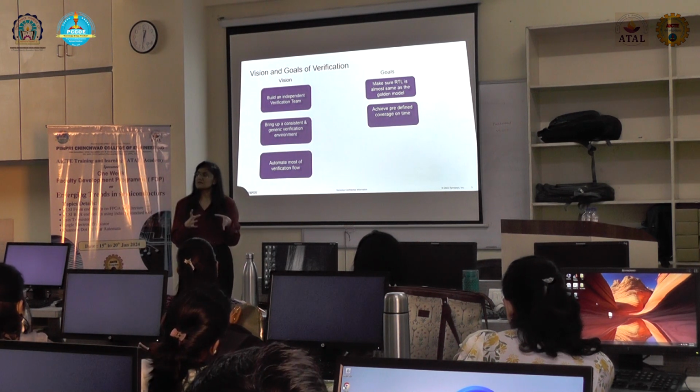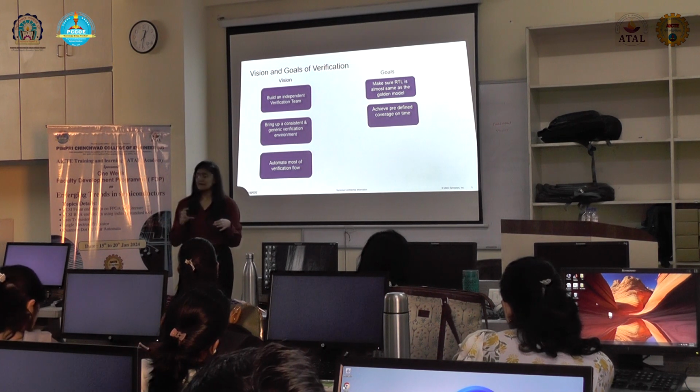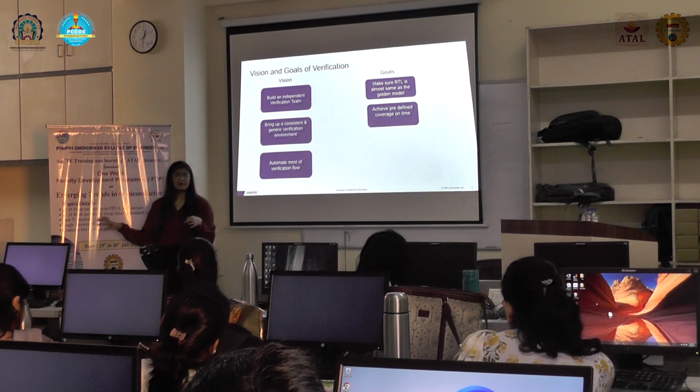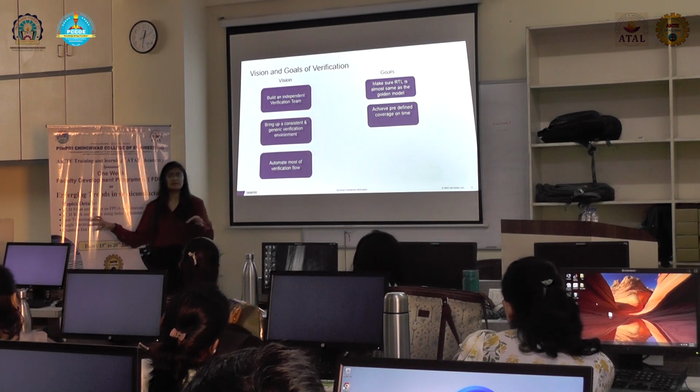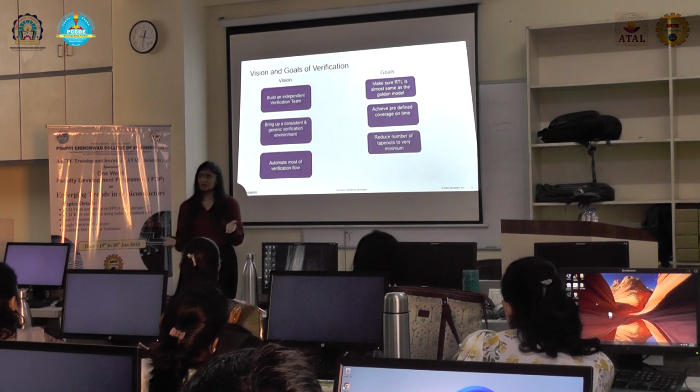So the coverage matrix is basically the part that the verification engineer develops to make sure that whatever the product is required to have covered is in that coverage matrix. There are two types of coverage, functional coverage and code coverage. We'll check them in more detail.